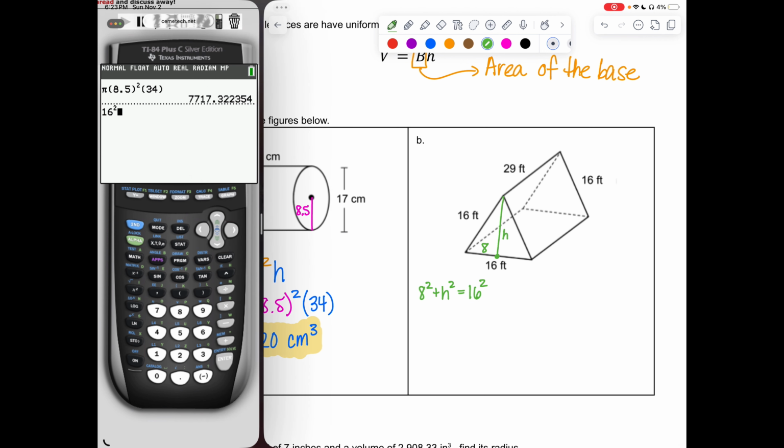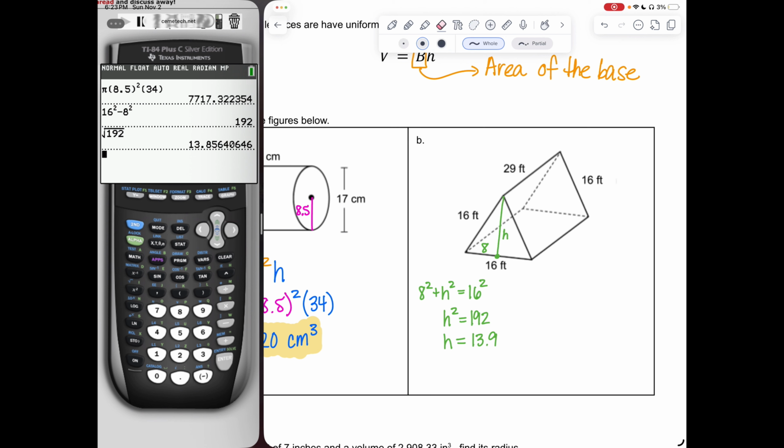I'm going to subtract 8 squared on both sides, and I end up getting h squared is equal to 192. And from there, h is equal to the square root of 192, which is approximately 13.9. I'm going to use my approximate symbol since I am rounding.